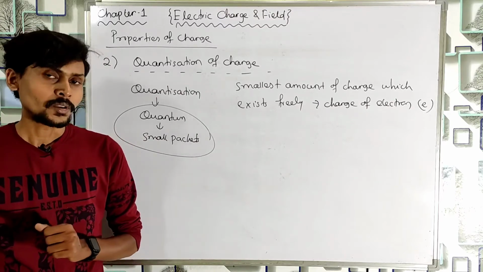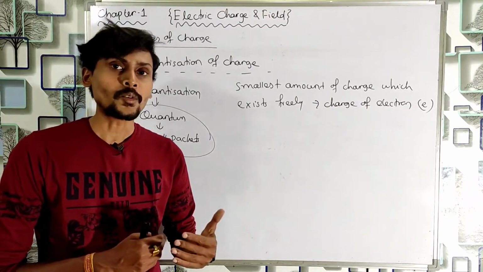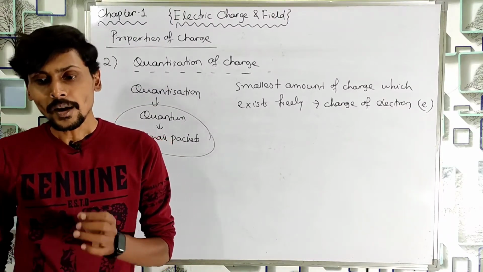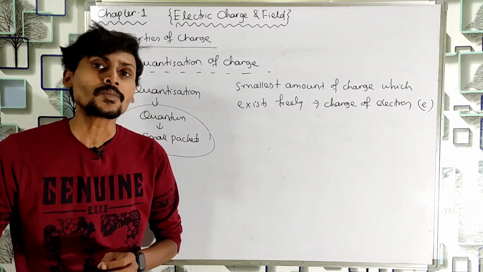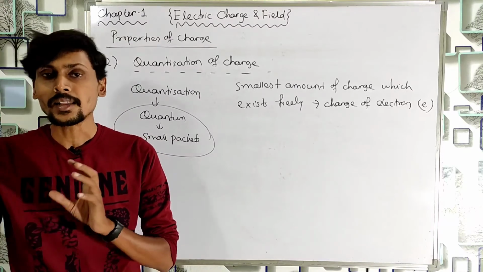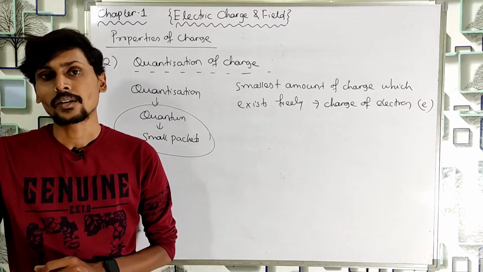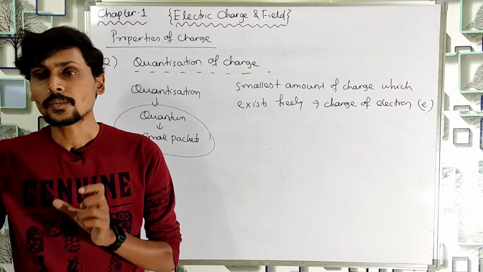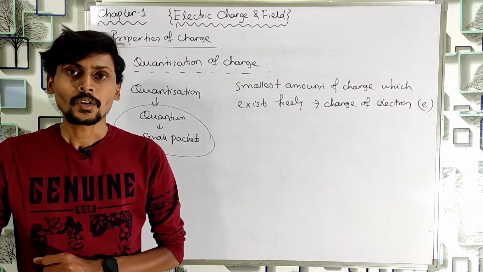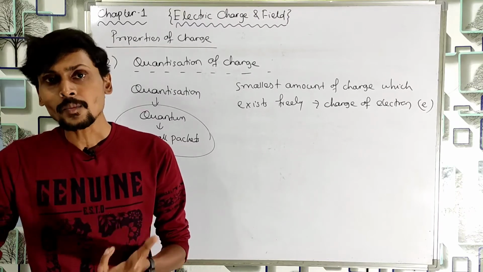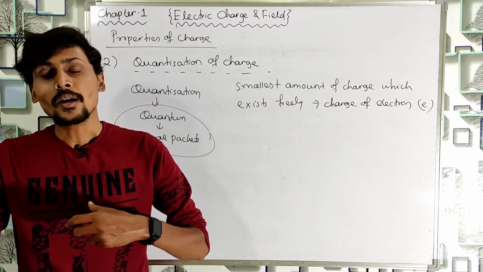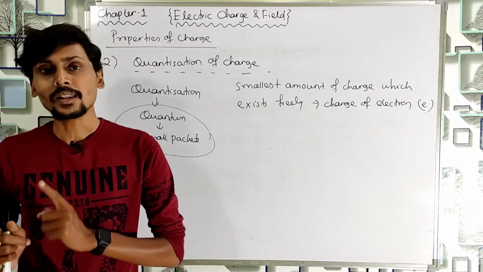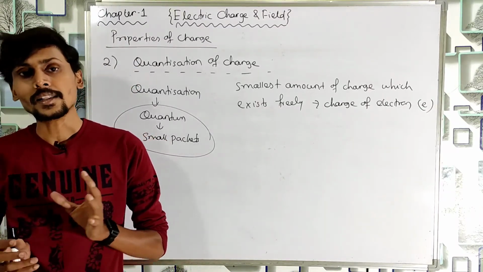Now the question is, how to electrify a body? As long as the number of protons and electrons in a body are equal, the body will be neutral. So in order to electrify a body, or in order to charge a body, you have to imbalance the number of protons and electrons.